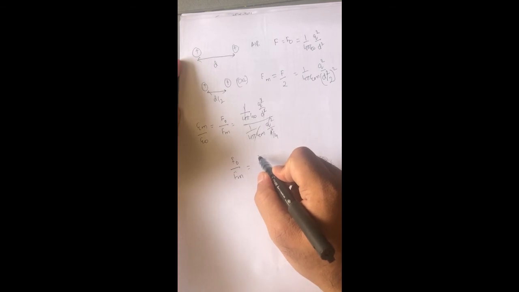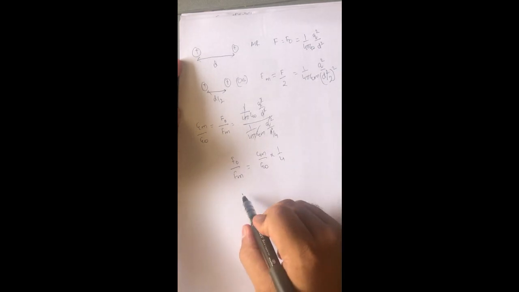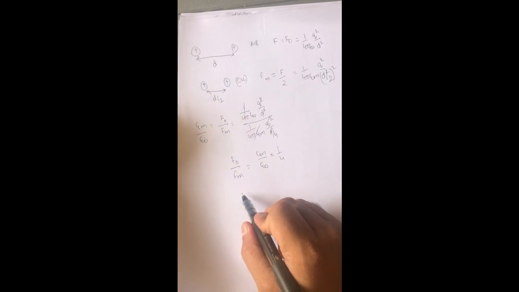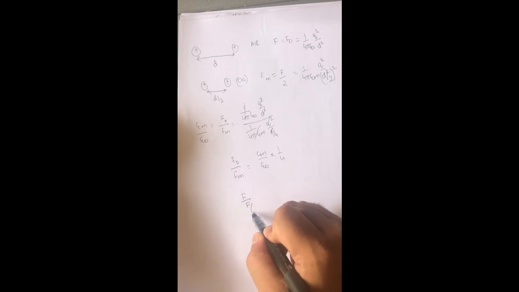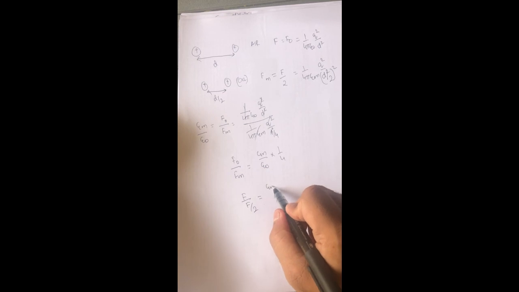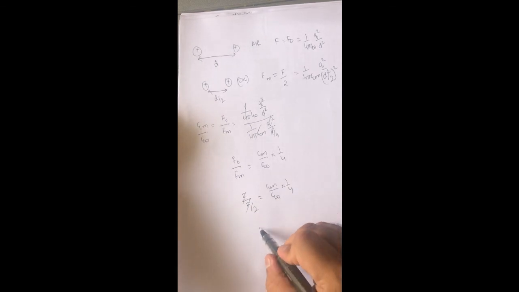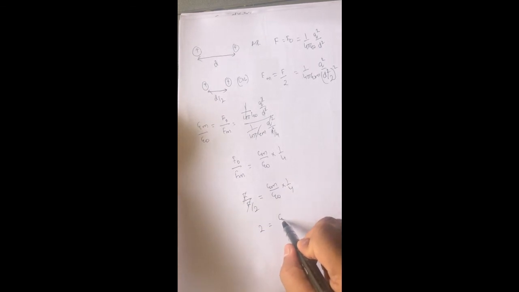So if you see, what is left out will be F naught upon Fm is equal to epsilon m upon epsilon naught into 1 by 4, because in the above equation we didn't strike out epsilon naught upon epsilon m. Here again I'm substituting the values for F naught and Fm, where F naught is exactly equal to F, as you can see in the above equation, and Fm is F upon 2.